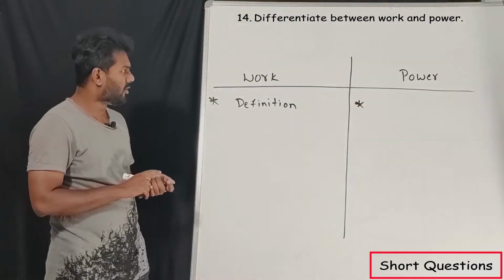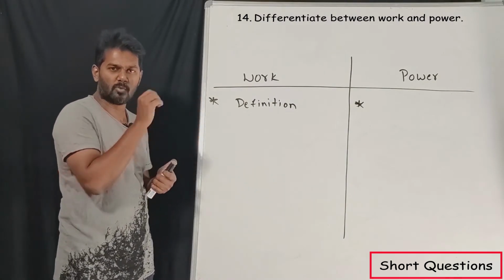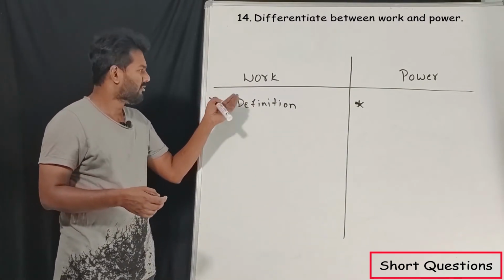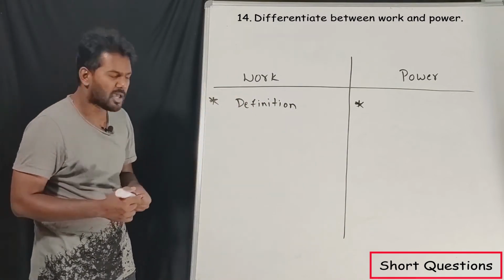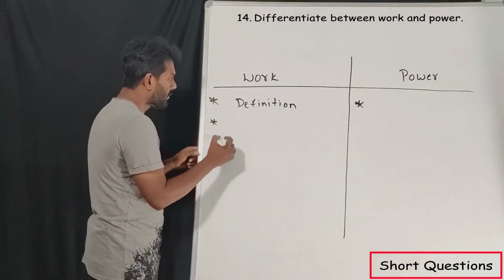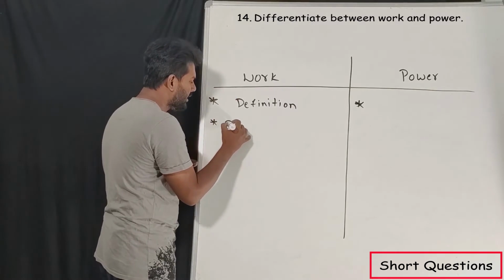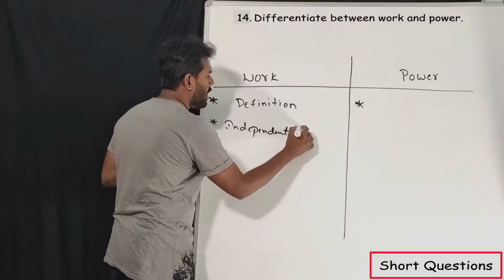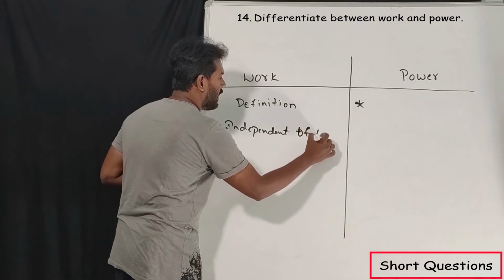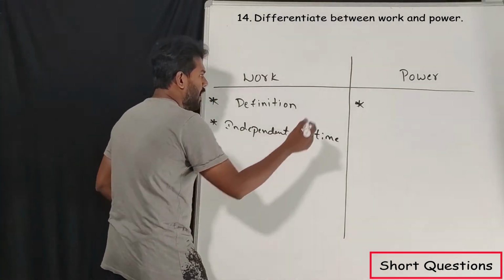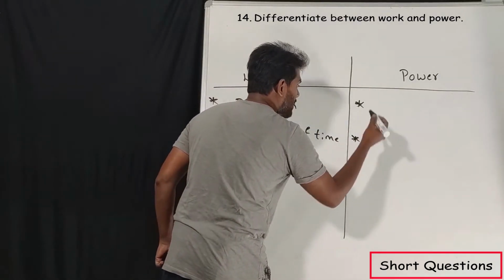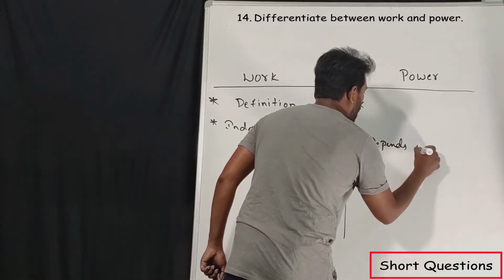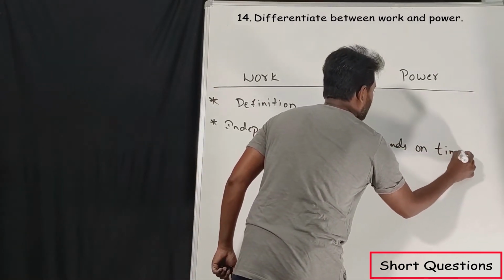So the definition of work and the definition of power, if you write as one point, then it is enough, because I am not writing it here. Why? Because we have discussed this one so many times. Then second point, work done is independent of time. Power depends upon time.